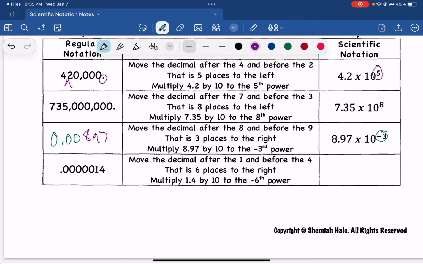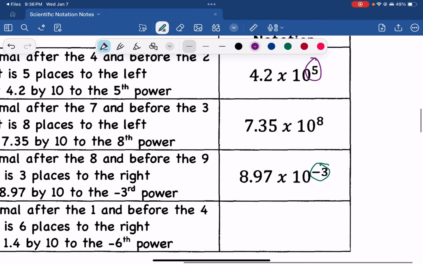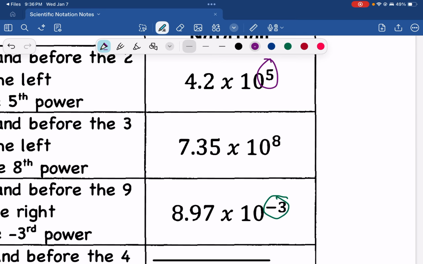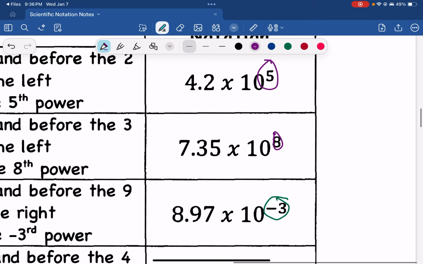You'll also notice as a general trend with scientific notation, if the original number is big, like in the first two examples, 420,000, that's a big number, or 735 million, also a big number, if we look at those exponents, these two exponents are positive, which tells us that the number is going to be big.